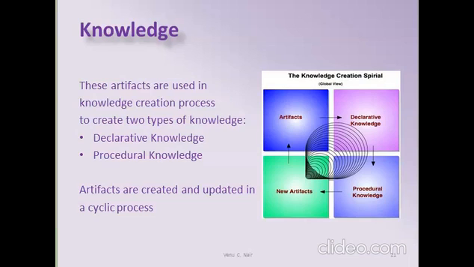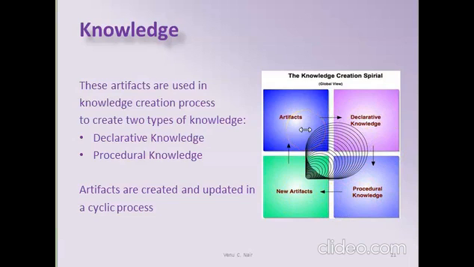By looking at the figure, we can say that we have some artificially generated facts, and from that we are obtaining declarative knowledge, and we are producing procedural knowledge, and with these 2 knowledges we are creating new artifacts. Now these new artifacts can be joined with the current artifacts, and this process continues in a spiral manner. This is repeated again and again so that the artifacts are generated.